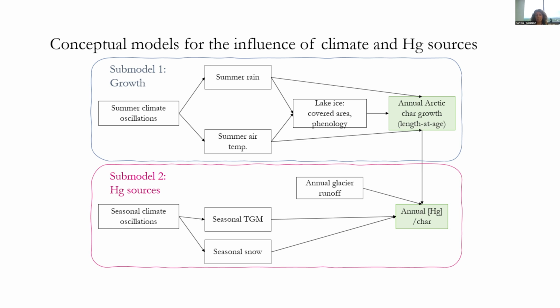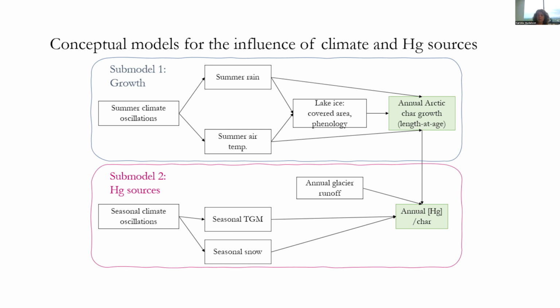And then we did a stepwise modeling approach. So we modeled these direct variables first. Then we ran a separate model where we added in the climate oscillations. So that was our growth model. And then for our mercury model, we had the mercury sources, so the glacier runoff and the atmospheric mercury concentration.